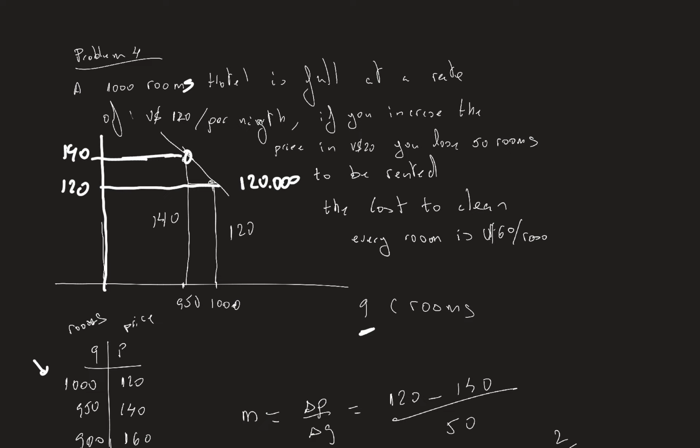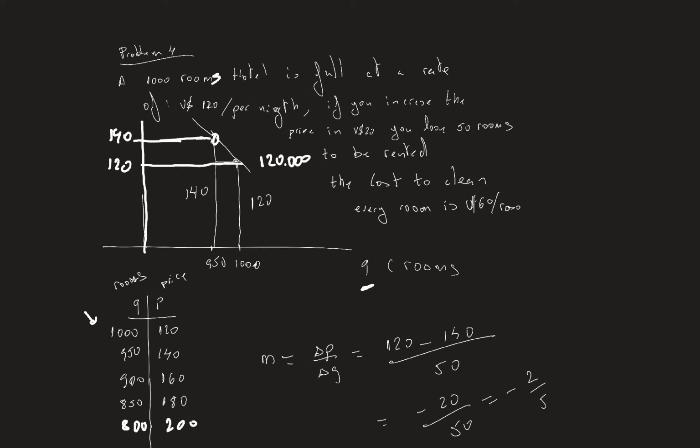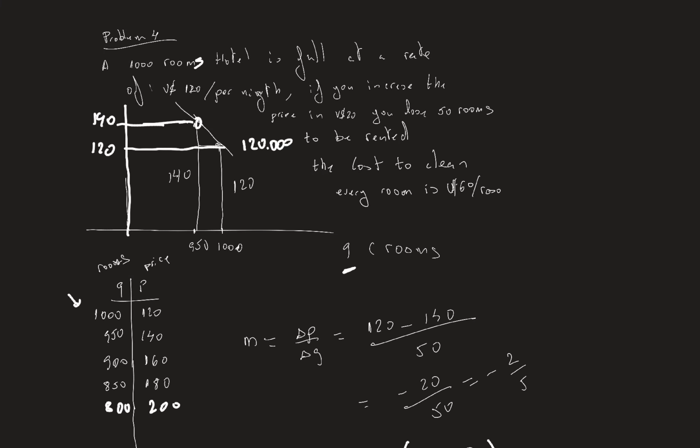So the question is, where do I stop? But there is another question. To maintain 1,000 rooms, it costs you $50 per room. So if you have to spend $50 per room in capacity, you will have to invest more money. So the question is, what is the point in this graph that gives you the biggest profit?